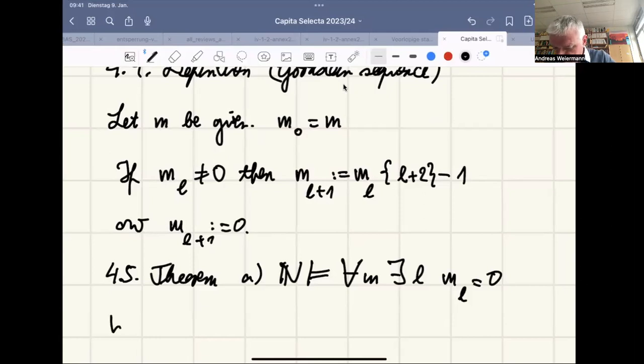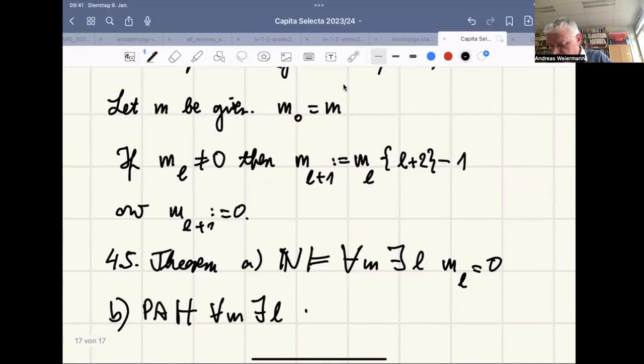And the second one, B: Peano arithmetic does not prove for all m there is l such that m_l hits 0. Now we will not do proof theory here, but we will show that the dependency of l on m is of magnitude H_{epsilon_0}(m).